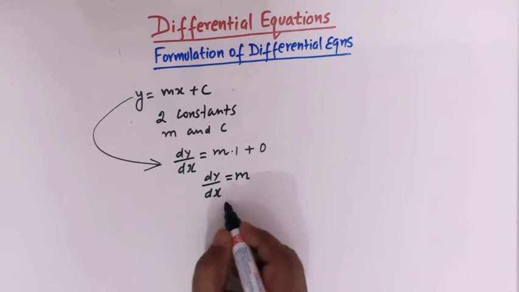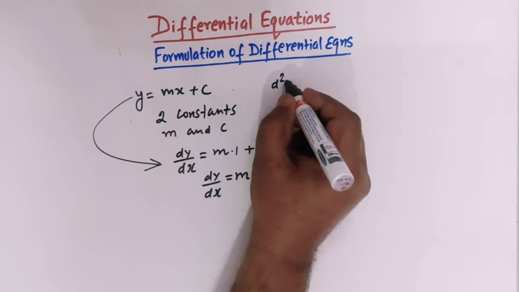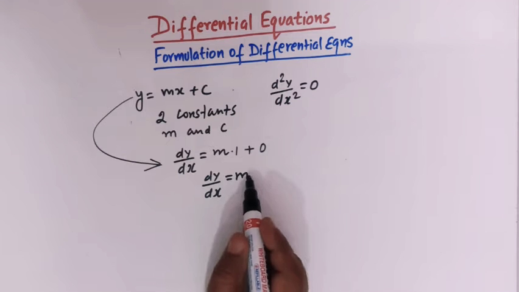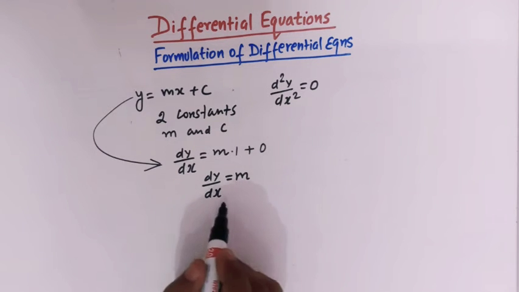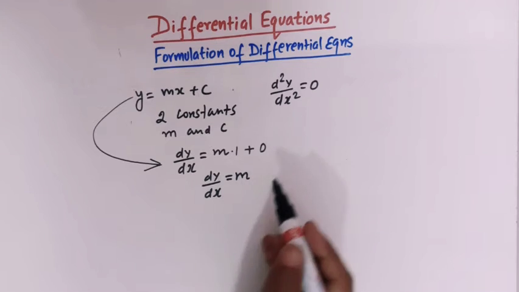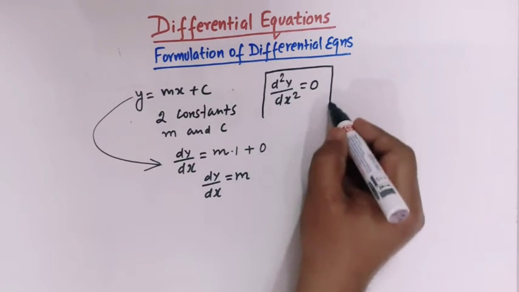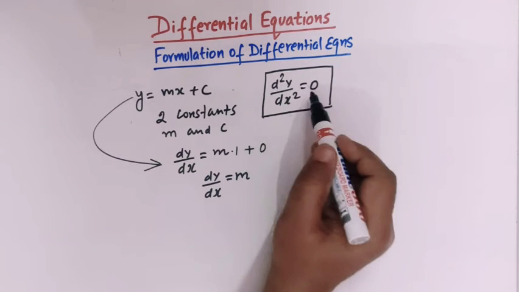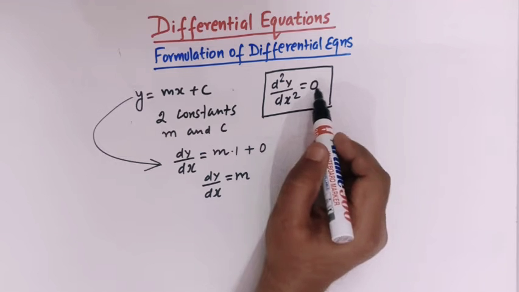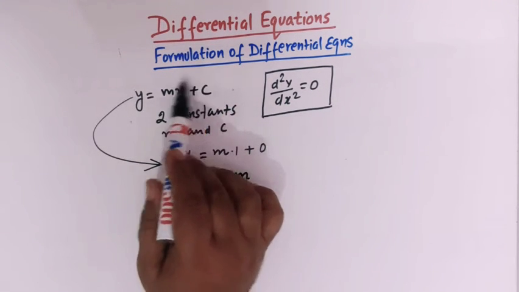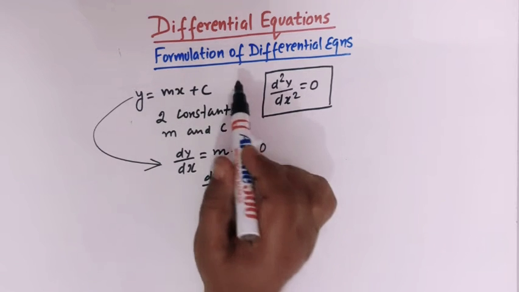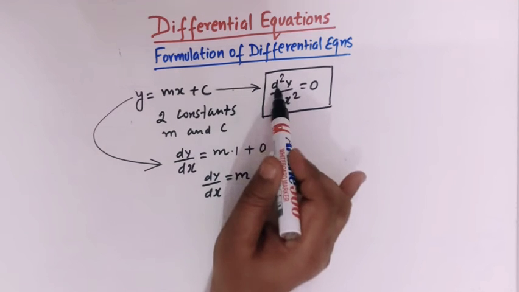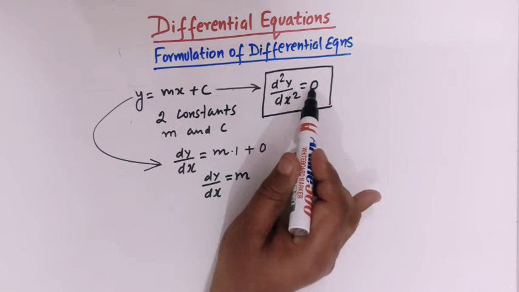Now m is constant, so we have d2y over dx2 is equal to 0, because the derivative of a constant is 0. So we have obtained this differential equation: the second derivative is equal to 0. The Cartesian equation of a straight line is y is equal to mx plus c, and the differential equation corresponding to this equation is d2y over dx2 is equal to 0.